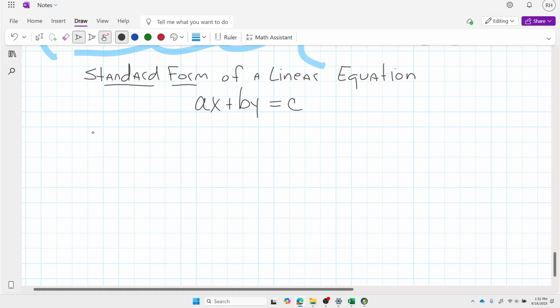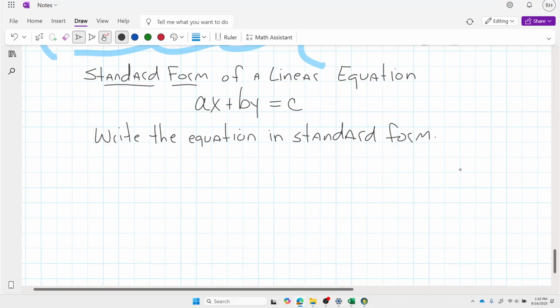If the directions ask you to write the equation in standard form, and actually write the equation in standard form, use integer coefficients.